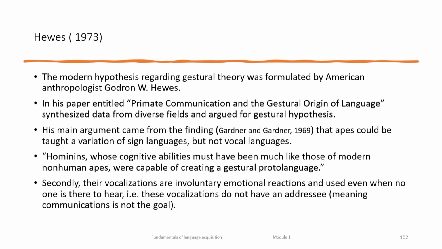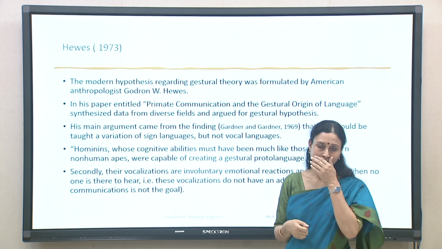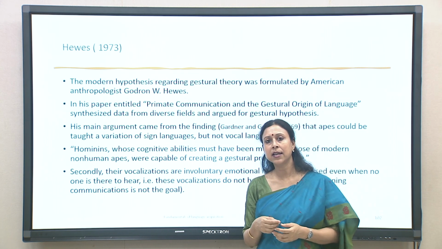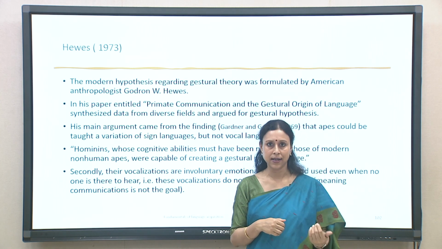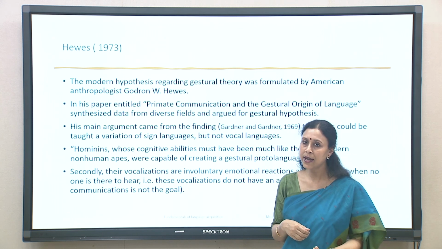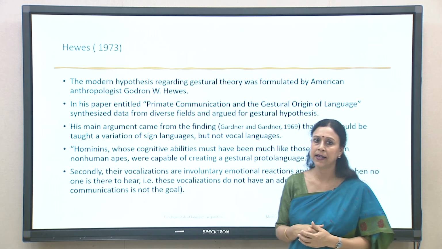That was his conclusion on the basis of his observation that apes could be taught sign language. So, if modern apes can use sign language, in some sense we can think of them as a precursor to modern humans doing the same things. So, as a result, because apes cannot be taught to speak, we also were like them, we also used gestures. That was the idea.